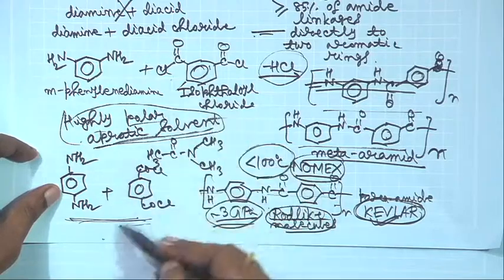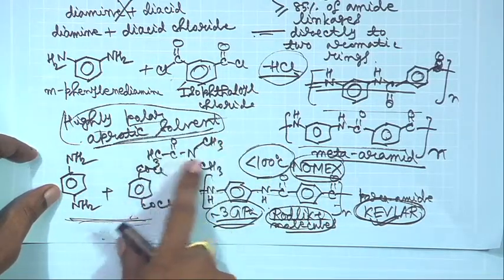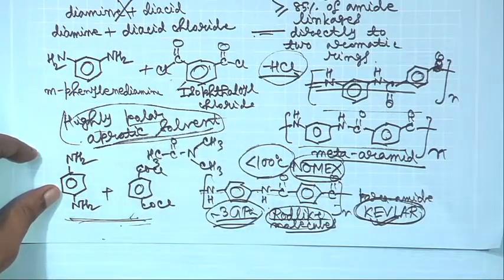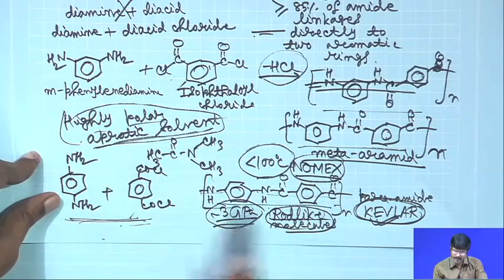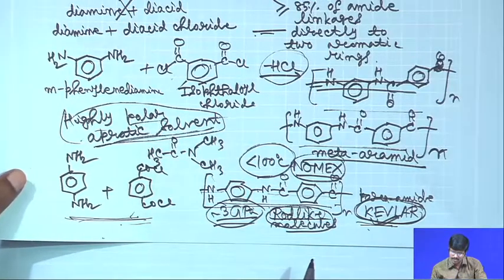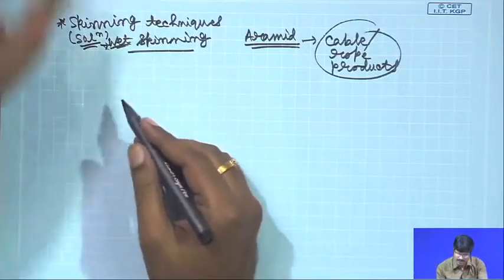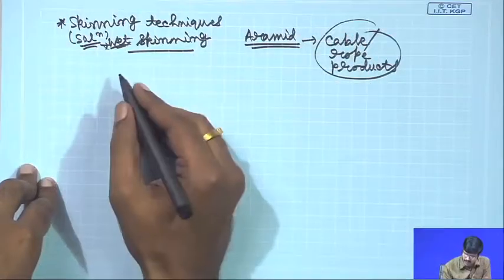If you compare these two reactions, this one is done in dimethyl acetamide, at a temperature somewhat less than 100 degrees. For the preparation of the para aramid, which is Kevlar, these are your starting materials and the solvent you are using is a mixture that includes hexamethyl phosphoramide.